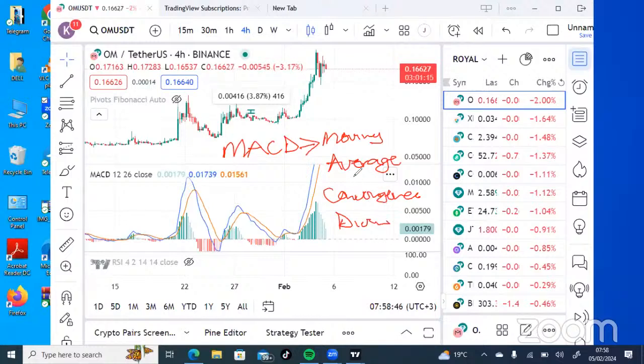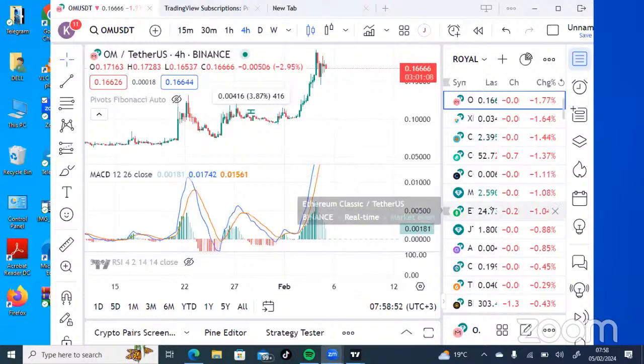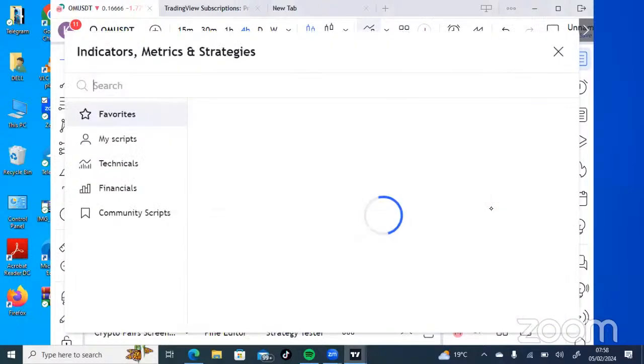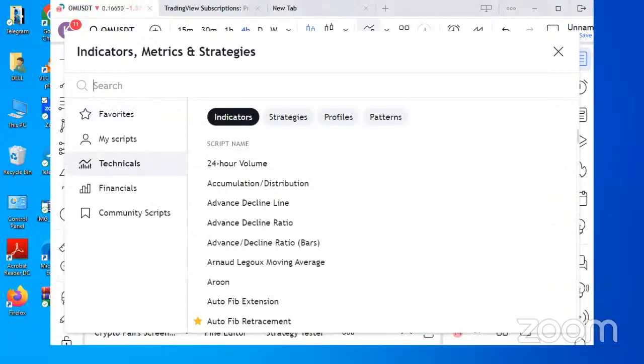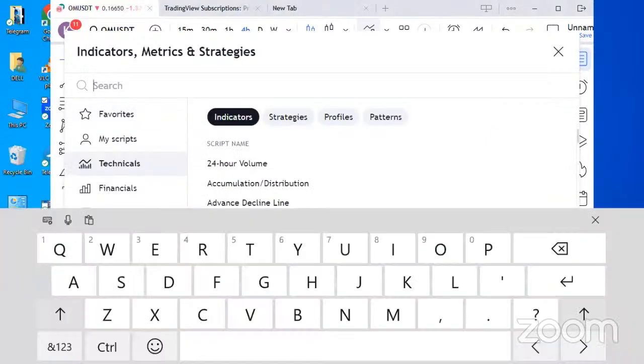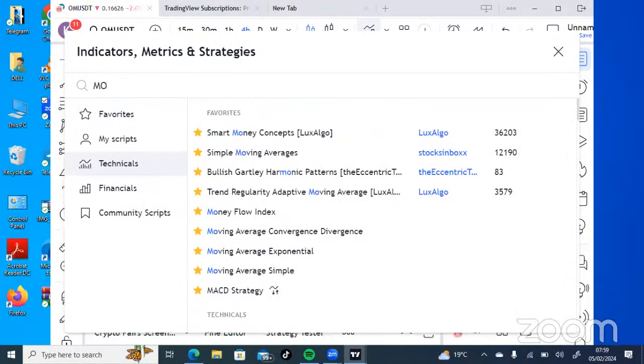When you tap on indicators and you come here on technical and write in moving averages, you'll find this indicator here. It's called moving average convergence divergence indicator.